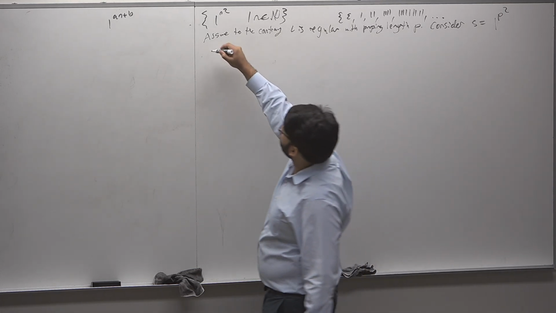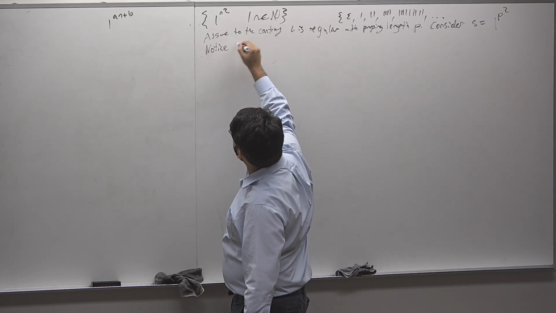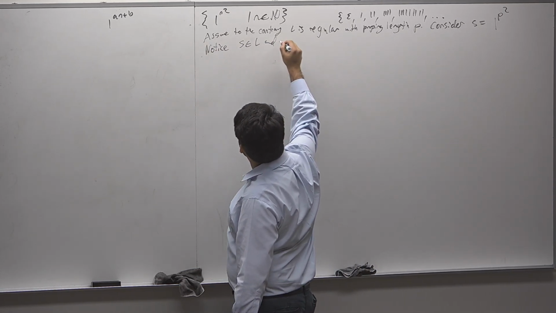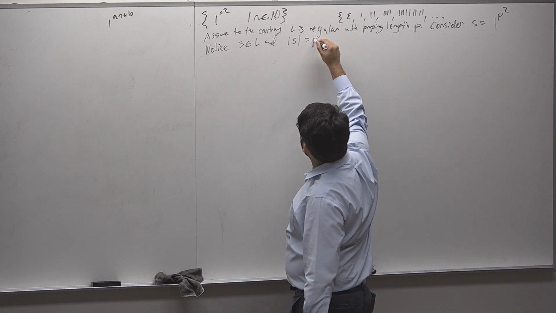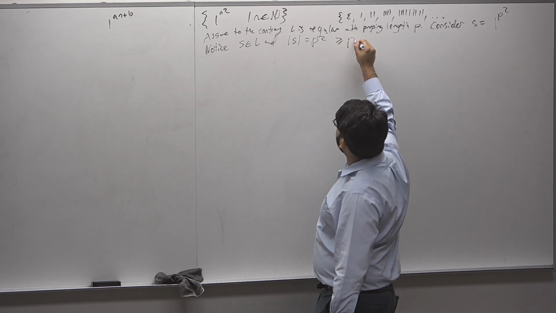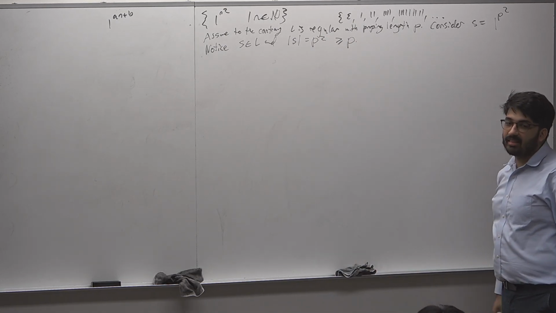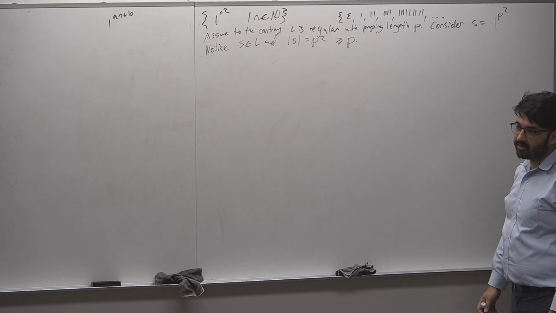Notice that S is an element of L, and the length of S is equal to P squared, which exceeds P, right? P is the length of something, so it's going to be a natural number. Forget the 0 states.